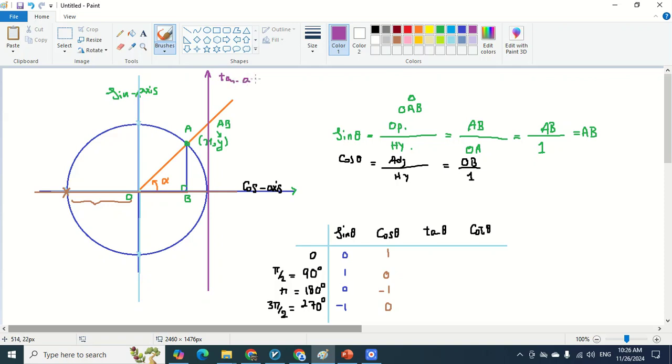The reason this is the tangent axis is that we only need to consider one bigger triangle.